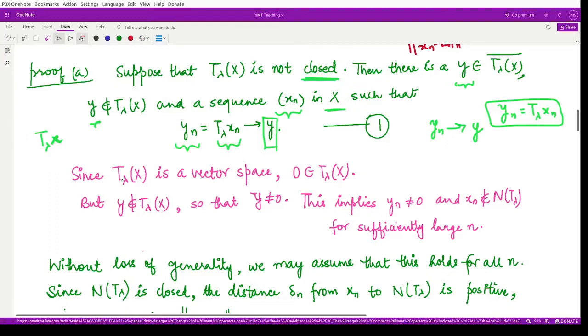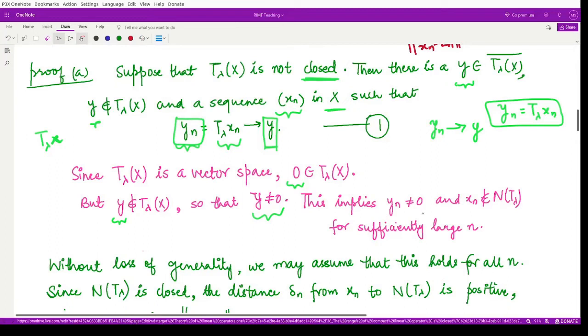Now because the range of t lambda is itself a vector space, why? Because it is a part of the normed space, right? So obviously it would contain 0. If this contains 0, and we are saying y is not in the range of t lambda, and 0 is in the range of t lambda, that means y cannot be 0 itself. If y is not 0, obviously yn would also not be 0 because this is converging to y.